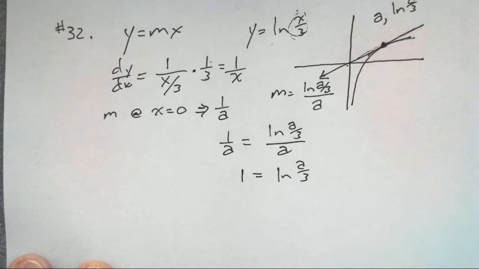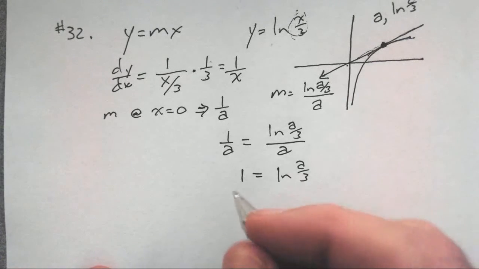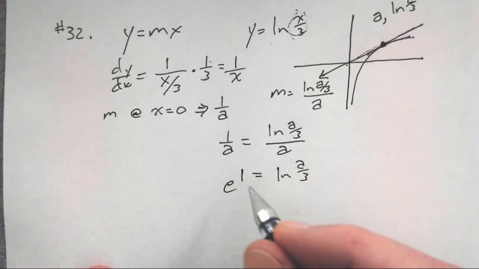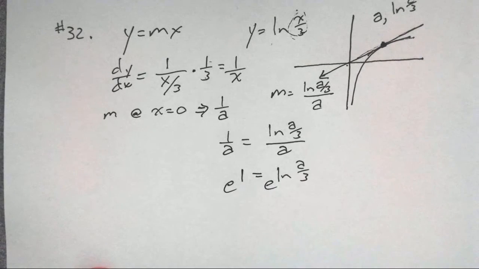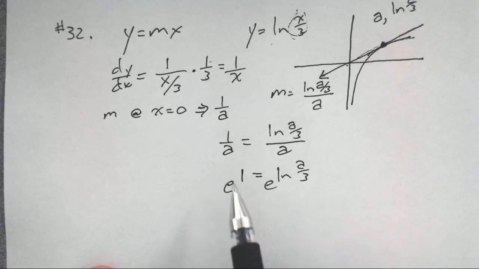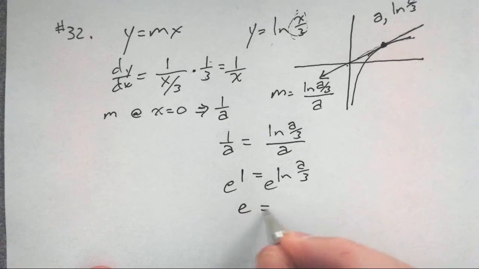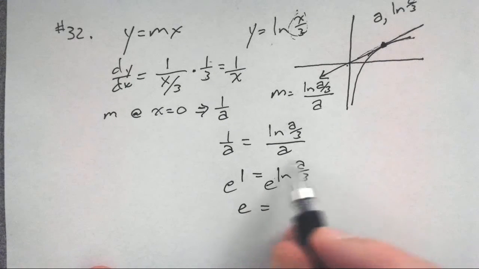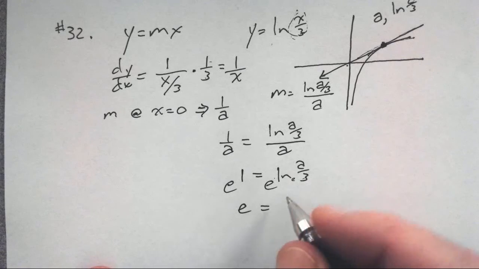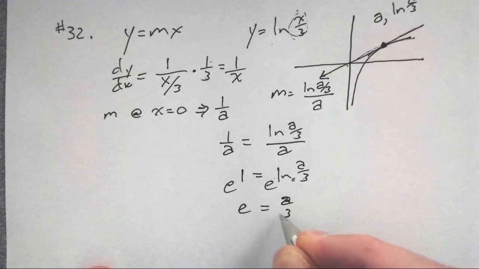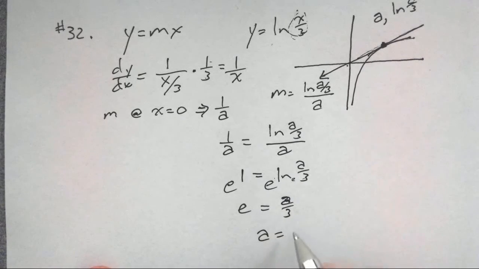I just need to solve that for a. Well, if I take e to the power of both sides, I get e to the first equals e to the exponent that would turn e into a/3. This is a/3, so I get a equals 3e.